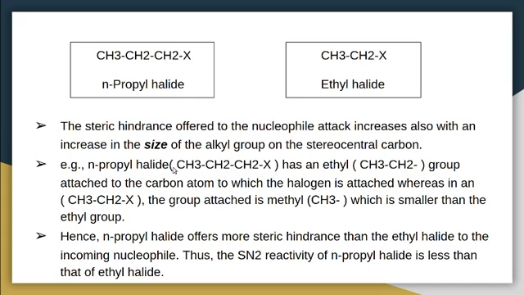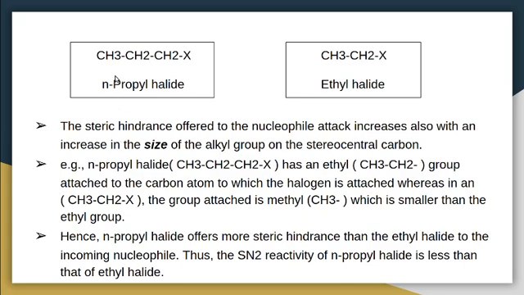So N-propyl halide has an ethyl group attached to the carbon atom to which the halogen is attached, whereas in an ethyl halide the group attached is methyl, which is smaller than the ethyl group.